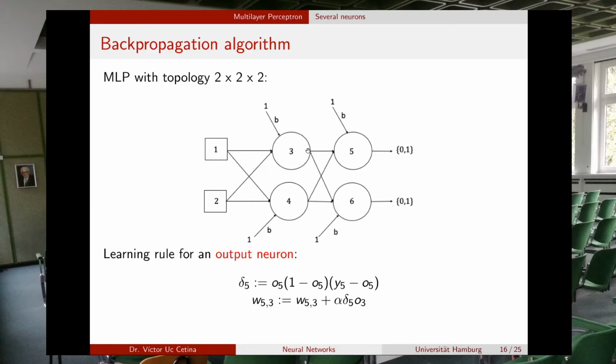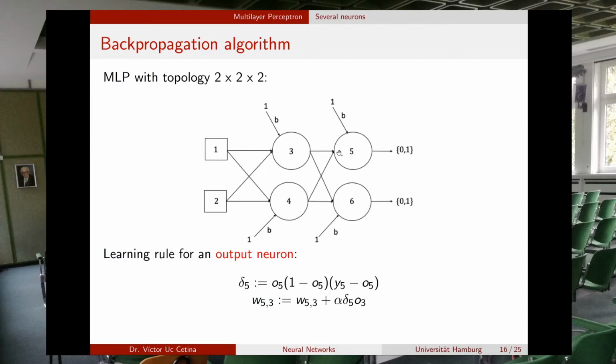So in this rule, you give the same current value plus some learning rate, some alpha fraction, of the error of neuron 5 times the output of neuron 3. The output of neuron 3 is the signal that is going through this connection.